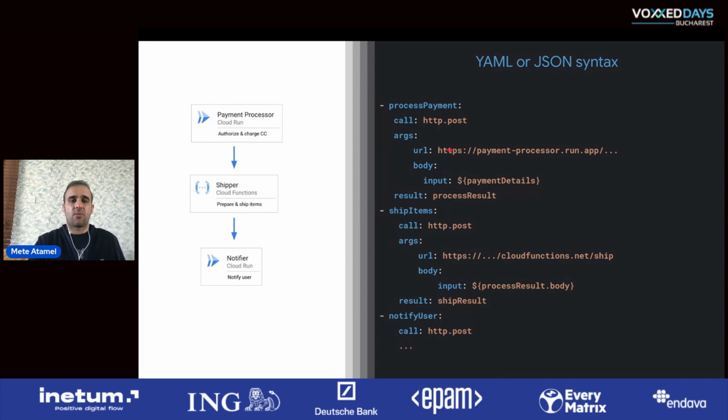You can define what happens in each step. So we are making HTTP POST calls to this URL, which is the URL of this service. Then pass in this input, and then the result will be captured here. And then we'll make a call to the next service with the result from the previous step. So you define it that way, and then when you run the orchestration, it will do that for you automatically.